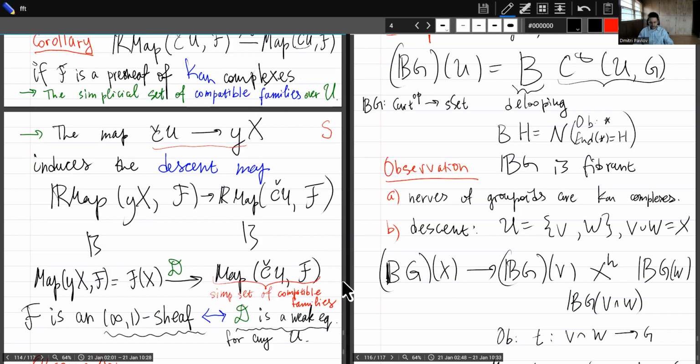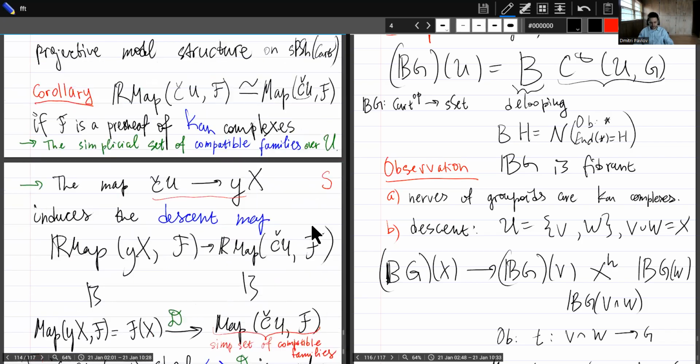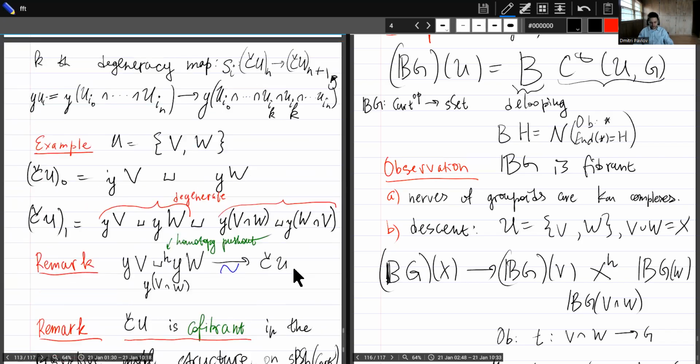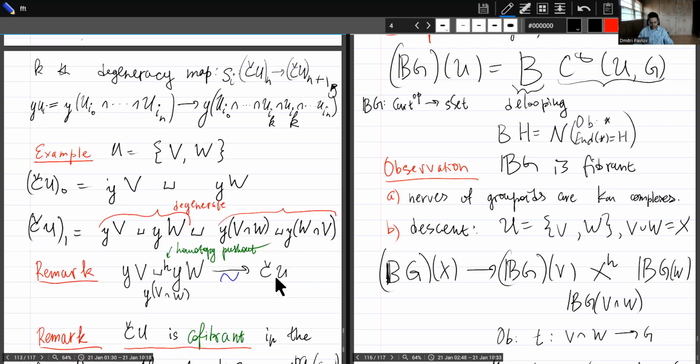And in this example, let me cheat just a tiny bit. And previously, I observed that the Čech nerve for open covers with two elements is equivalent to the homotopy pushout. And derived mapping simplicial set out of the homotopy pushout can be computed using a universal property, which basically means you can replace it with a homotopy pullback.